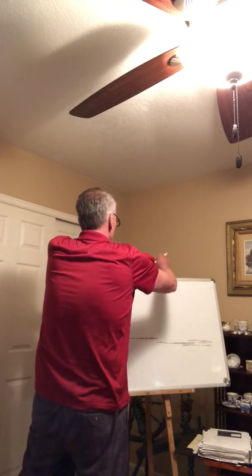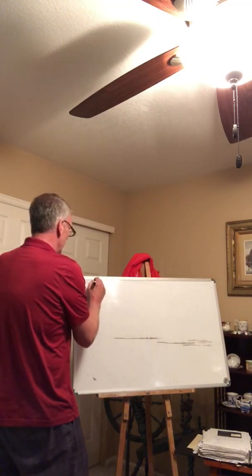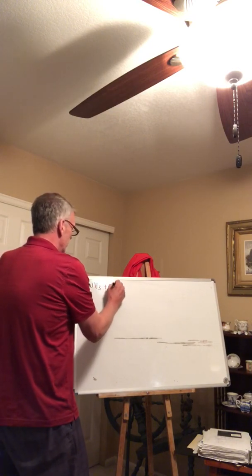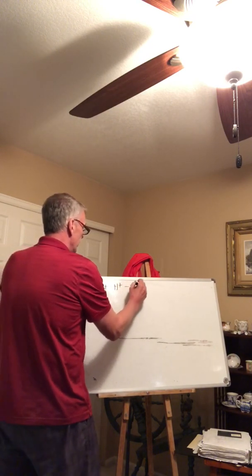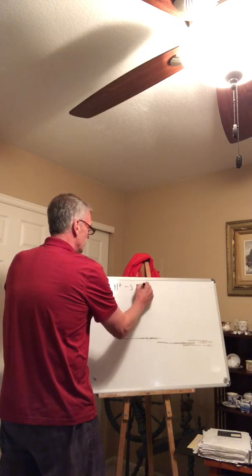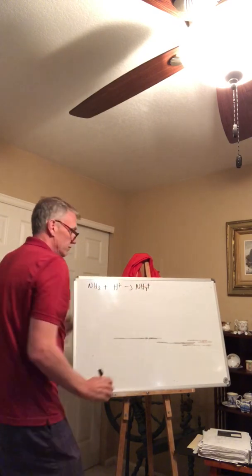So again, I'm going to do the same thing. I'm going to write the equation. So I've got ammonia plus the H plus from the HCl, making ammonium ion.